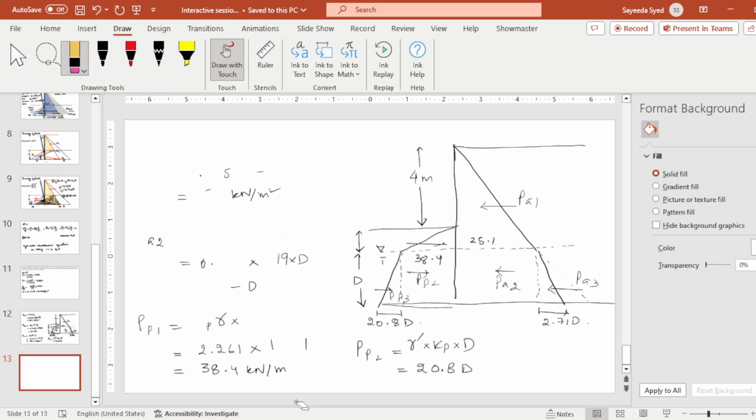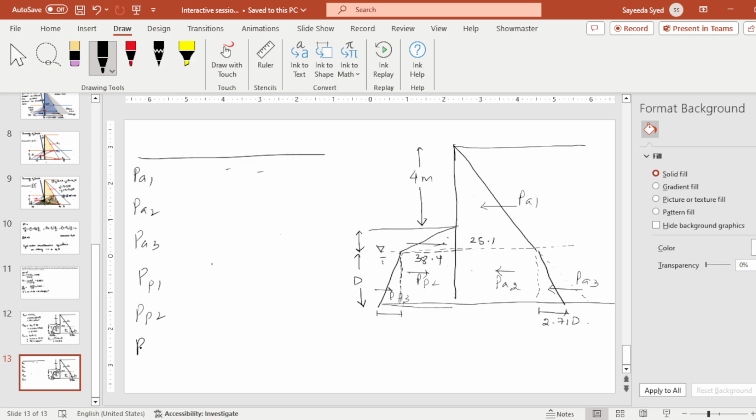So let's draw the table: PA1, PA2, PA3, PP1, PP2, PP3. And let us see where these act with respect to this point.